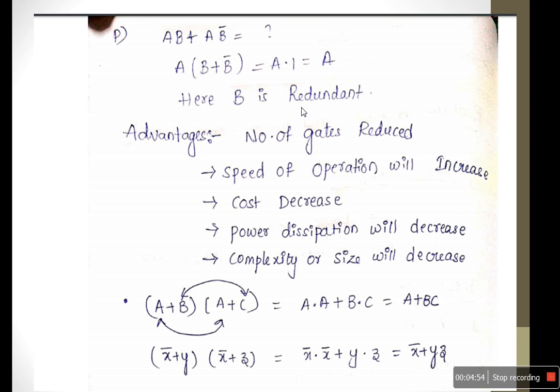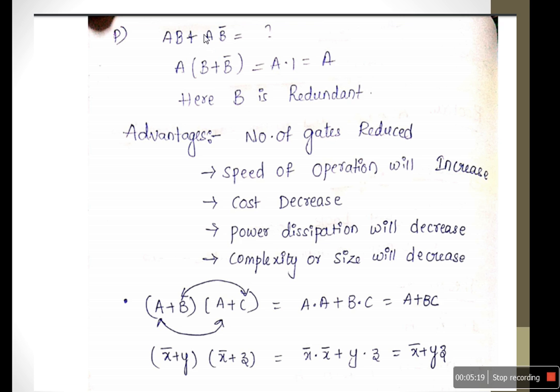What are the advantages of Boolean minimization techniques? The number of gates is reduced. For example, if I have the expression AB plus AB bar, AB means one AND gate, AB bar means one AND gate, and in B bar I have one NOT gate, and in order to add these I need one OR gate also.